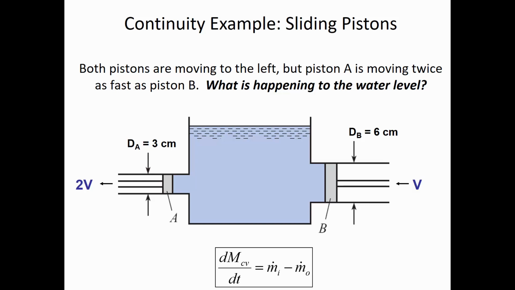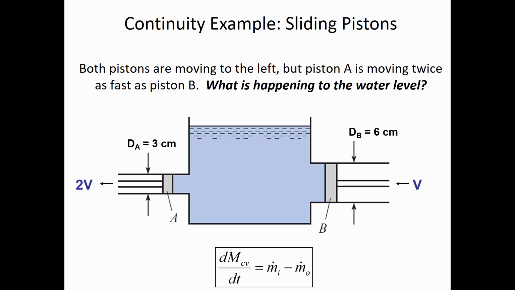So we don't know the velocity, but we know it's going double the velocity as piston B. Piston B is moving to the left, so that's forcing flow into the tank at V, and piston B has a diameter of 6 centimeters. So we have flow in, and we have flow out, and then we have a control volume, and what we're interested in is the water level in this control volume.